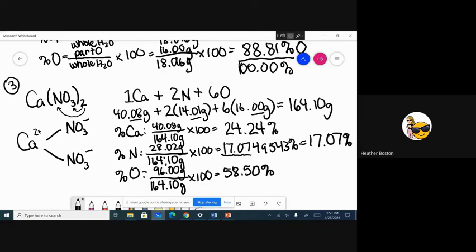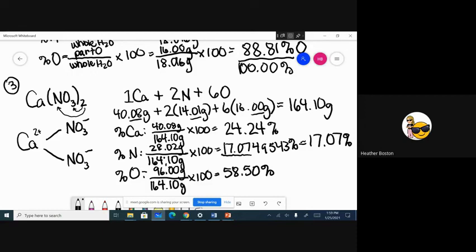So now when you add those up, you're not quite going to get exactly 100. That's because we did a little bit of rounding. So if you add them up and you get either like 99.99 or, oops, I transposed these, sorry.